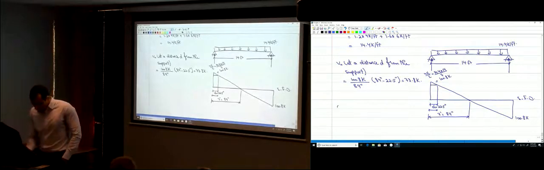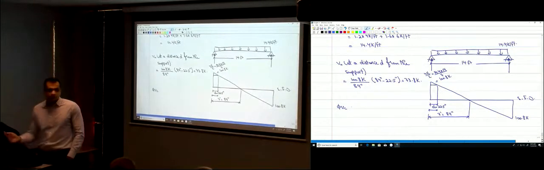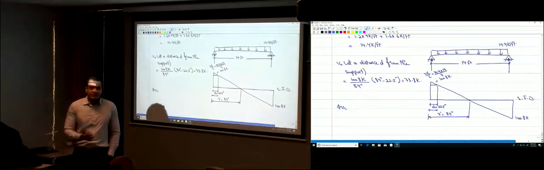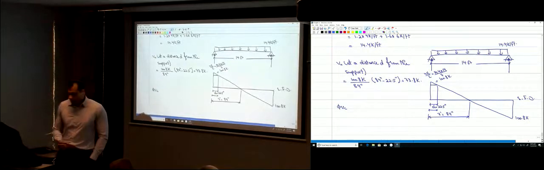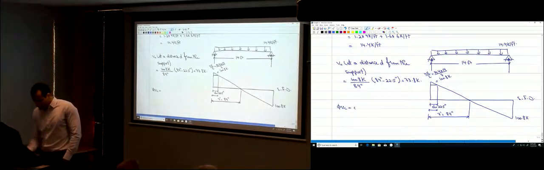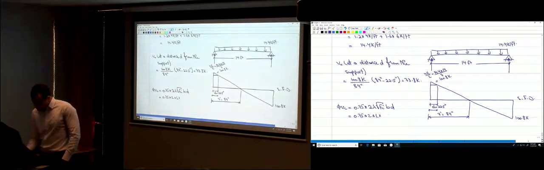Find phi VC, to see if you need stirrups or not. So how much is phi VC? It's 0.75 times VC, and VC is 2 lambda square root f'c times b d. So 0.75 times 2 times lambda, which is 1, times square root f'c.